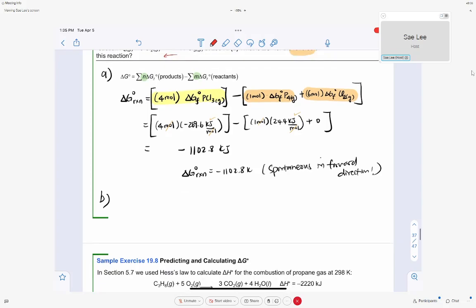So the delta G naught value is just going to be the opposite of the forward reaction. So delta G naught of the reverse reaction is basically just going to be positive 1102.8 kilojoule. Opposite sign, because you're doing the opposite math. The positive value tells us that it is non-spontaneous in the reverse direction.